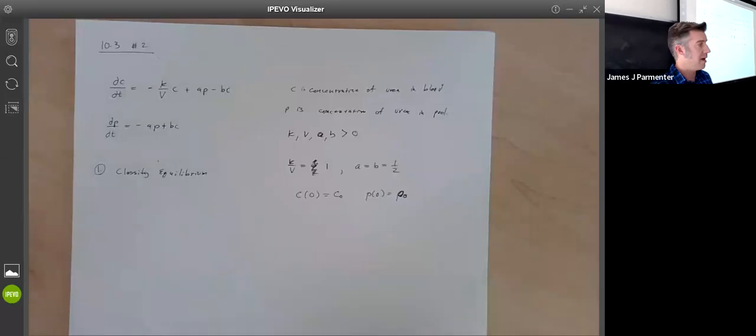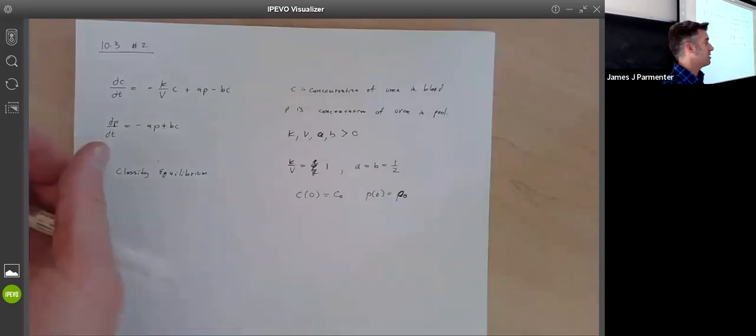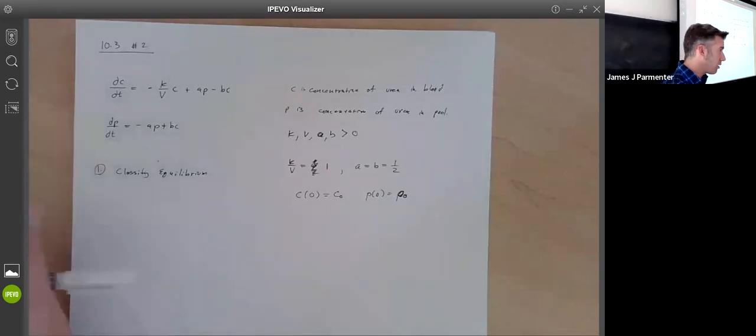Again, has he talked about compartment models at all? Or had any problems with compartment models? The reason I ask is because you could draw a compartment model here.